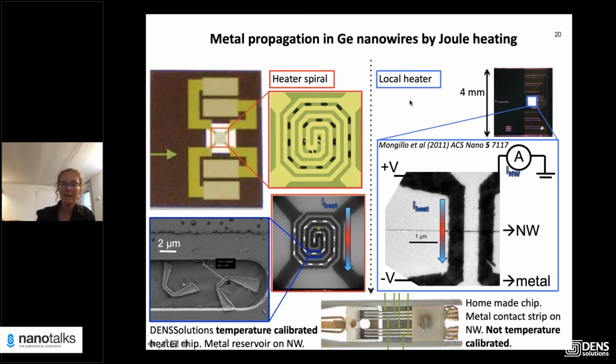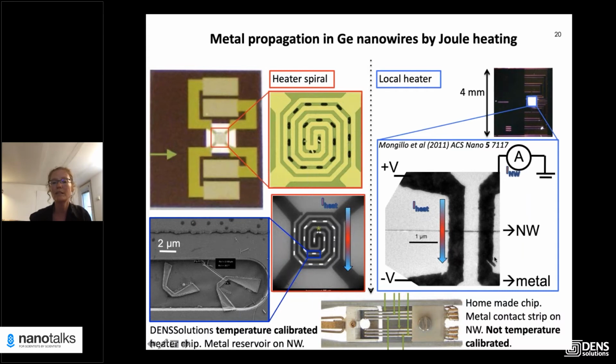The second approach we used was patterning structures on our homemade membrane chips, for example, structures that you see here. And then on the membrane, we had also dispersed the nanowire and contacted by these kind of metal strip lines, each going to their own contact pad. And if we flow a current through such a strip line, we have a very, very local Joule heating that can start similarly a solid state reaction.